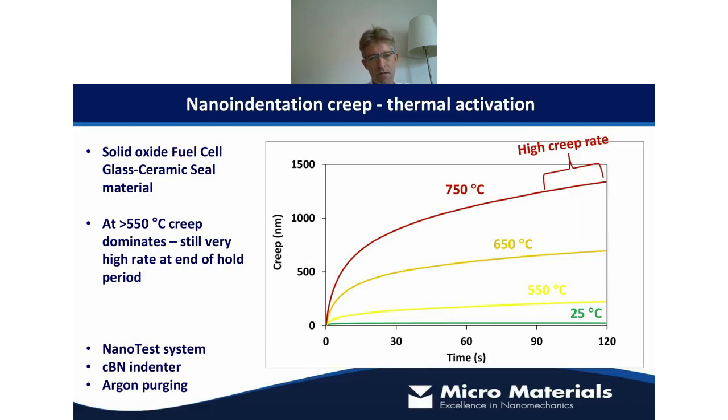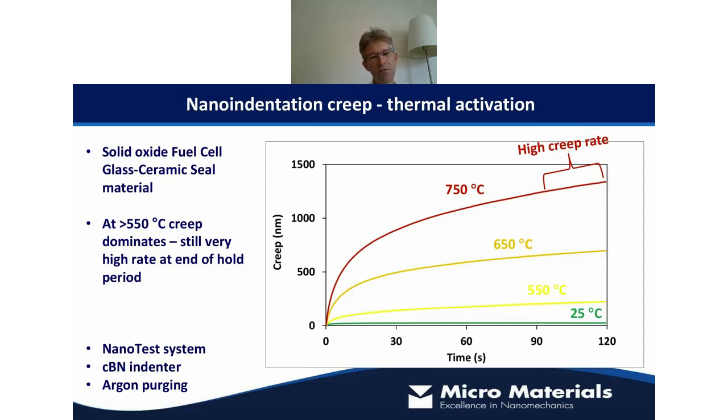This is some work from, I think, Georgia Tech, where they were looking at a solid oxide fuel cell glass ceramic seal material, which is particularly creep resistant at 25 degrees C. But at 550 degrees Celsius you can see the start of some sort of creep behavior in this 2-minute hold at peak load, and progressively at higher temperature you can see the transition to a dramatically increased creep. You can see that this high creep rate is continuing towards the end of the holding period.